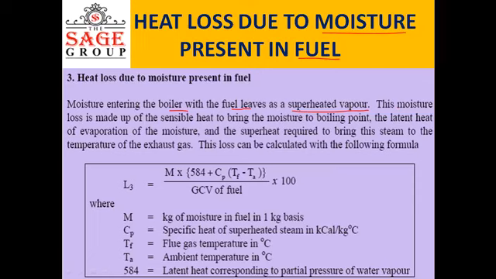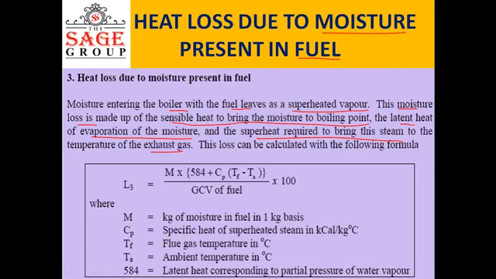So this moisture loss is made up of the sensible heat to bring the moisture to the boiling point. It will take sensible heat because the water will be converted to vapor. Then the latent heat of evaporation of the moisture, and the superheat required to bring this steam to the temperature of the exhaust gas.